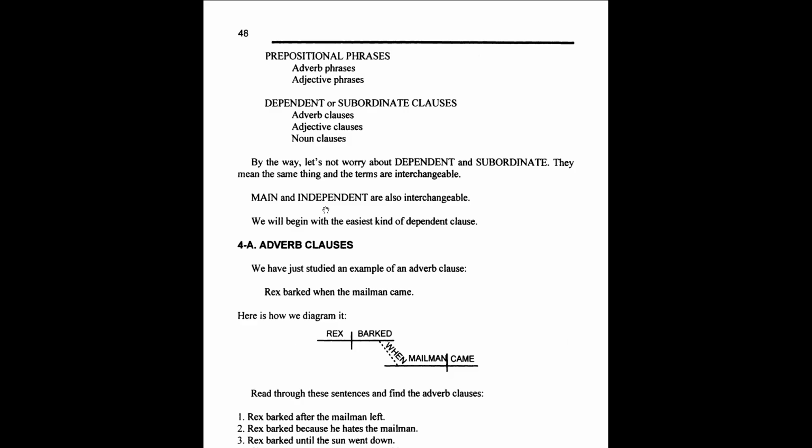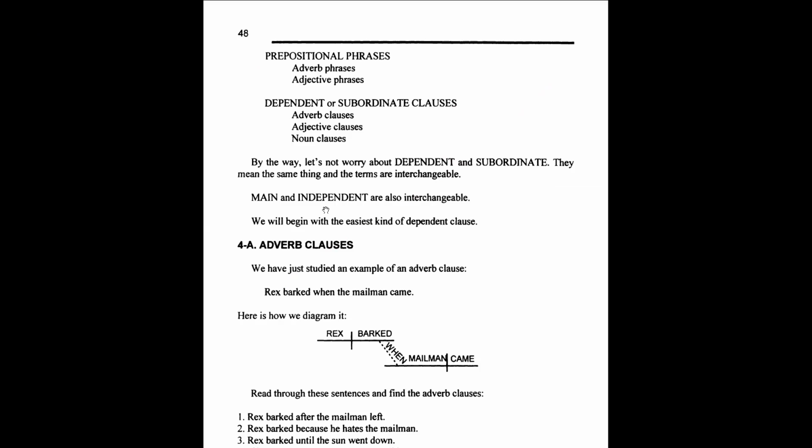By the way, let's not worry about dependent and subordinate. They mean the same thing, and the terms are interchangeable. If you ever heard of someone's subordinate, it means someone under them. So they listen to that person. If you're in the military, your officer, he's the leader. And then under him are subordinates, people who have to listen to him and obey him. And it's the same thing with sentences.